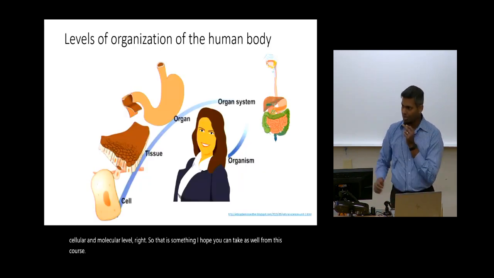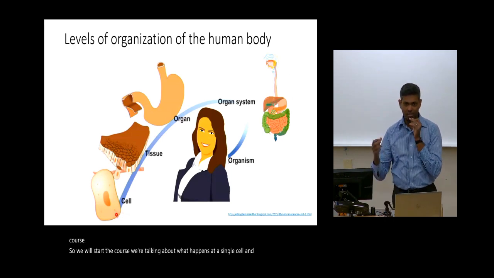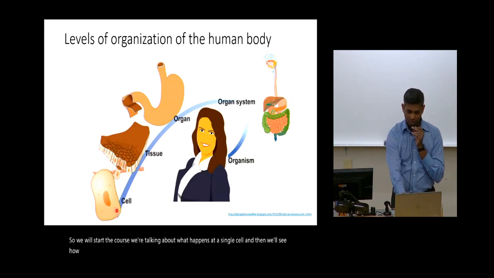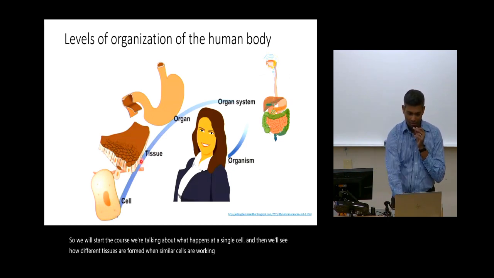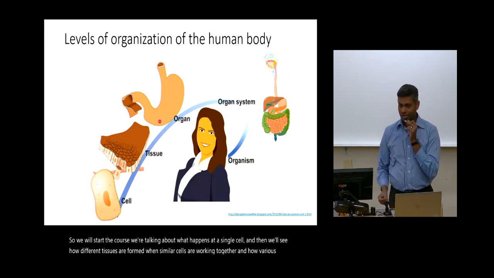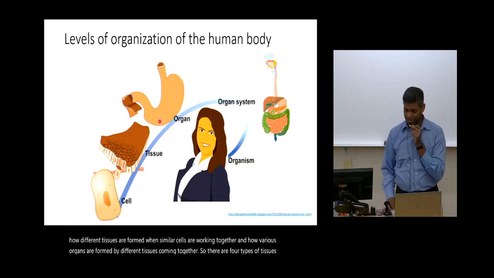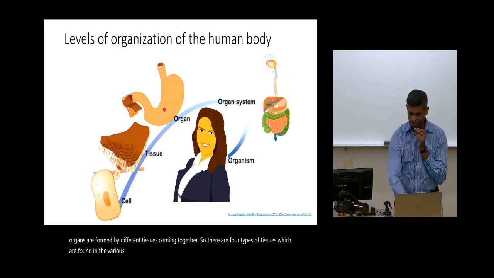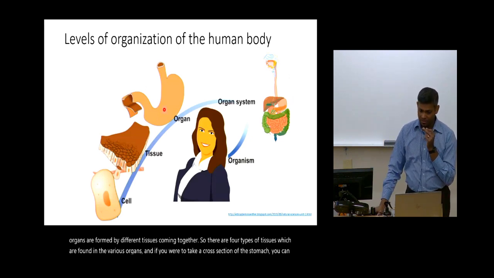So we will start the course by talking about what happens at a single cell, and then we'll see how different tissues are formed when similar cells work together, and how various organs are formed by different tissues coming together. There are 4 types of tissues which are found in the various organs, and if you were to take a cross section of the stomach, you can find these various types of tissues.